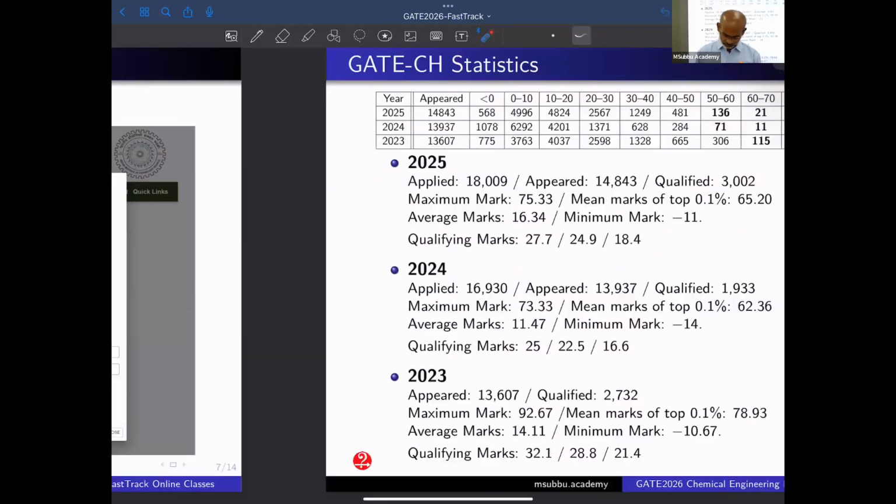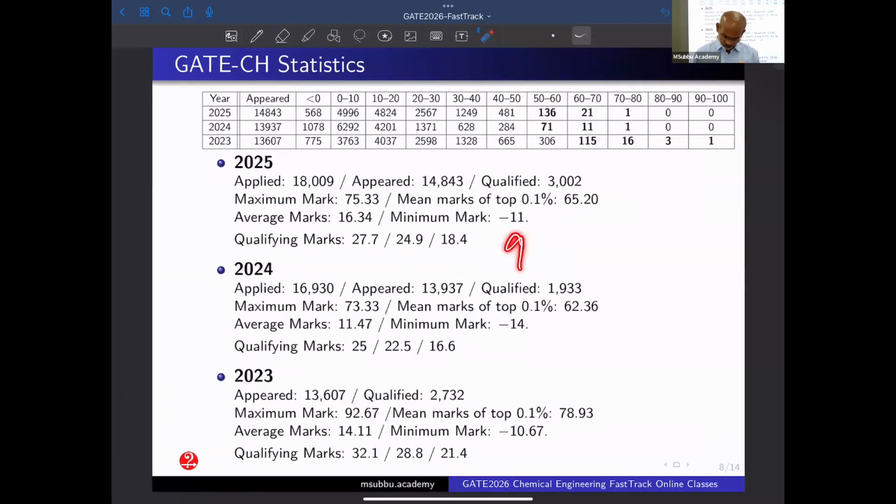I took up GATE several times. My first attempt was in 1994. There was a failure, that means I didn't get a scorecard. In 95 I didn't take up GATE, and in 1996 I took up GATE. At that time only about 2,000 people were writing, and my rank was somewhere around 300, and I was qualified.